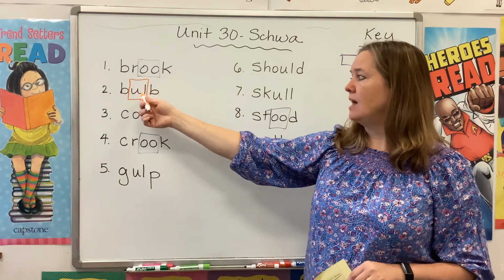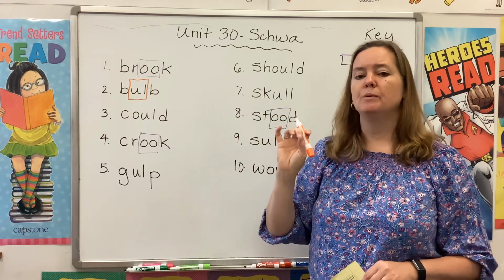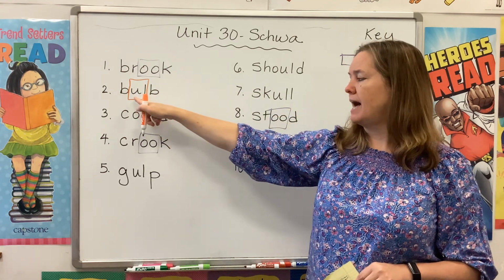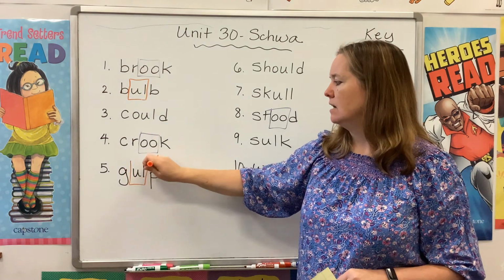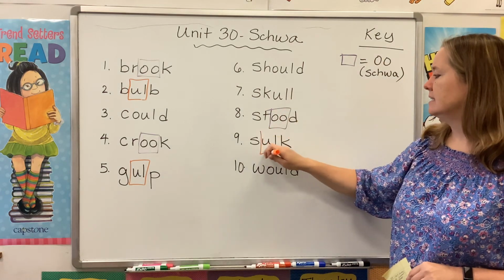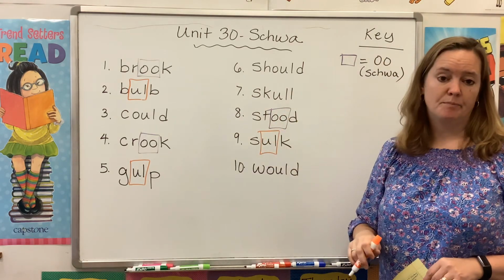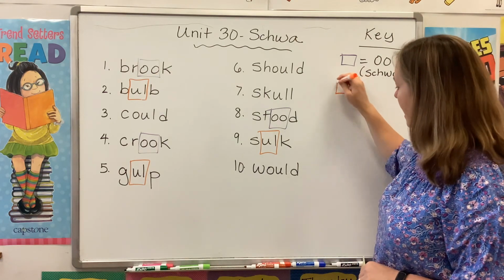But when it's followed by L, it changes from an "uh" to an "ul." So we hear that in bulb, we hear that in gulp, we hear that in sulk, okay? Notice we're hearing the L as well.